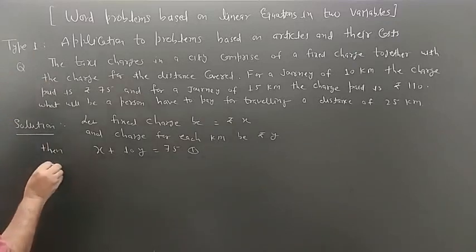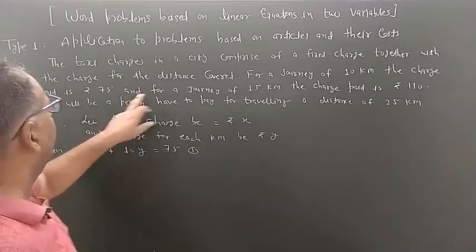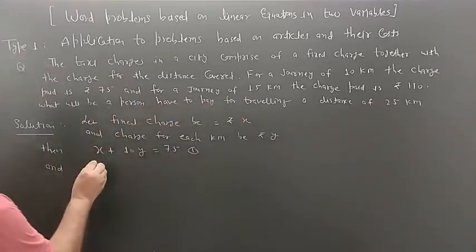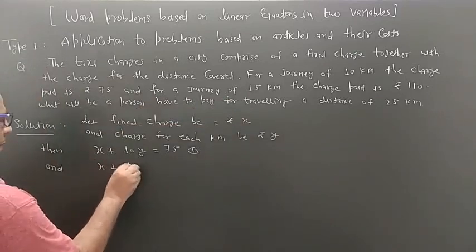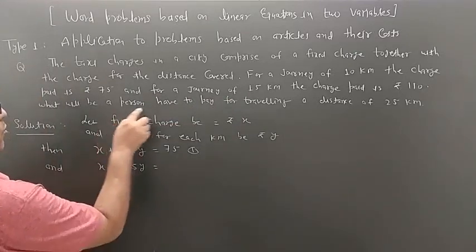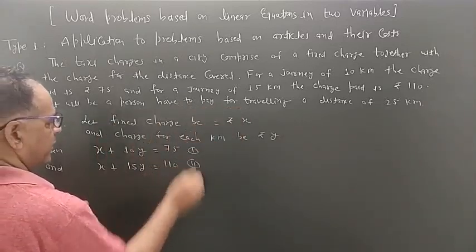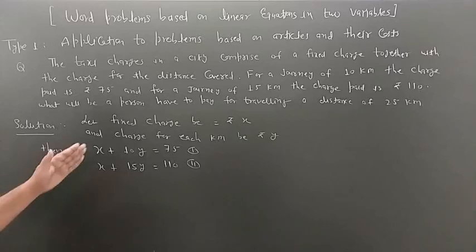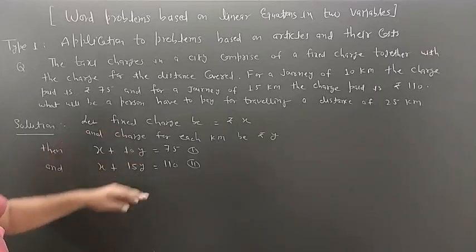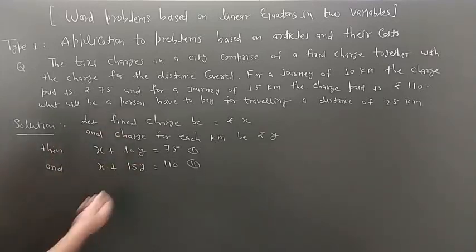And again, for a journey of 15 kilometers, x plus 15y equal to 110 rupees. Okay, so now we have the equations in x and y format. Now we solve them.